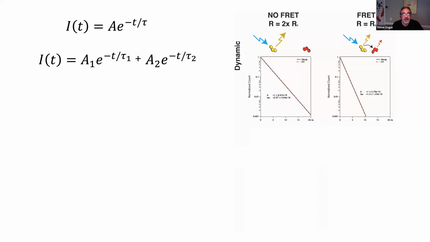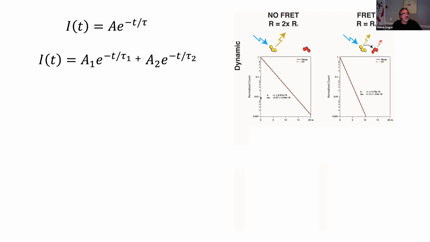And then, however, people started thinking about more complex analysis. So you could imagine the scenario, do a thought experiment. What would happen if half of my molecules had a separation distance of 2 times R0, and the other half of my molecules had a separation distance that was equal to R0, right? And I did an analysis. Well, under these conditions, what I would see would be a double exponential decay.